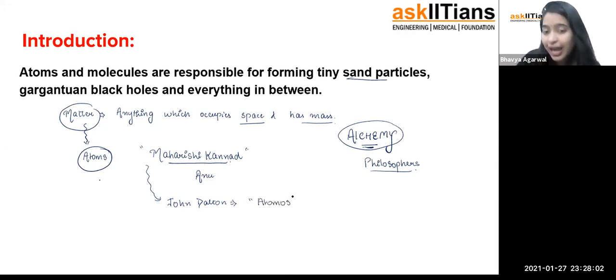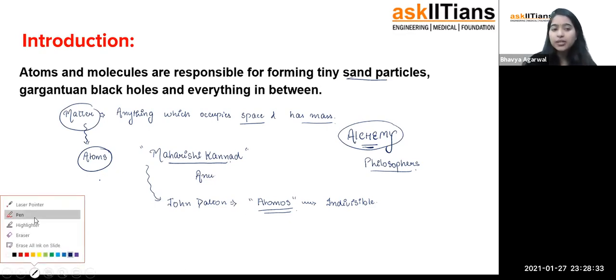Because the earlier language was Latin, he called them atomos, meaning indivisible. This was done by the scientists of that era: the smallest particle is known as atomos.